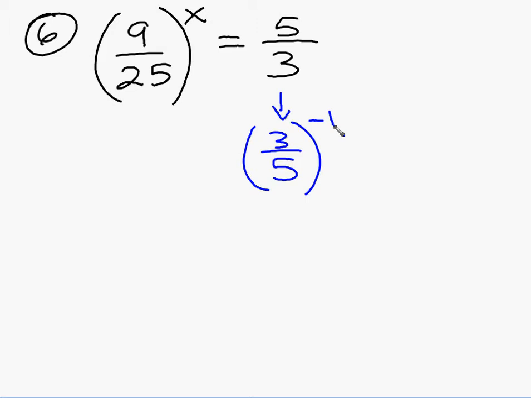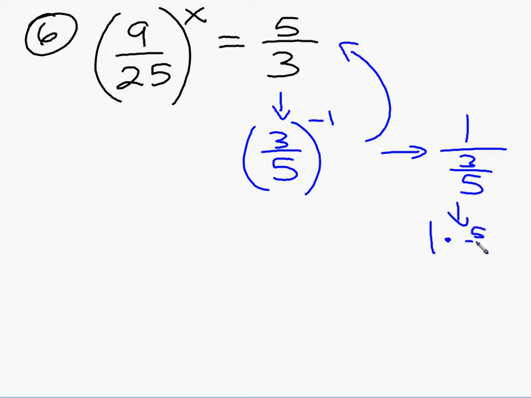Would you agree that 3/5 to the negative 1 is the same thing as this? Well, what is 3/5 to the negative 1? It's 1 over 3/5, right? And when you divide by a fraction, don't you multiply by the reciprocal? Right? So this is the same thing as 1 times 5/3. All right? So that's how that works.